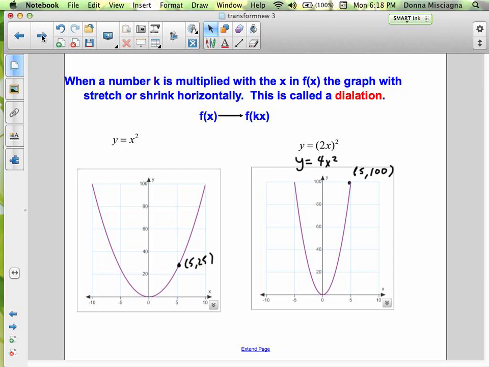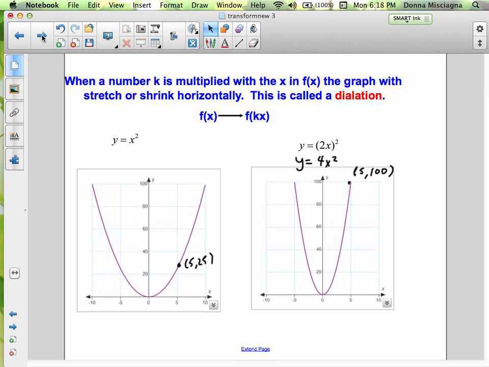Let's look at what happens to the y value for that very same x value. So now if we look at 5 on our graph, it is no longer at 25, it's at 100. So notice that if we have a coefficient in front of x, the y value is going to be that many times greater than it was.